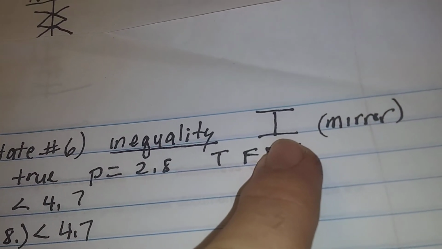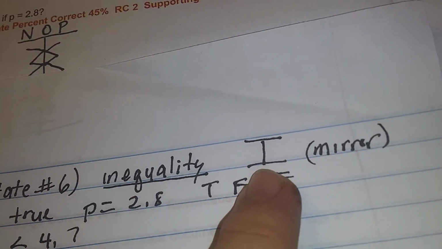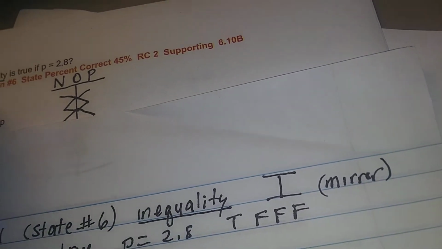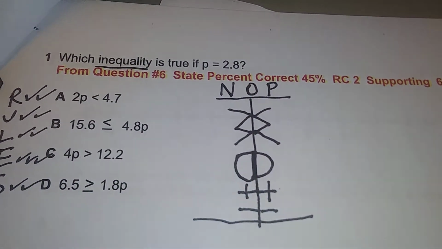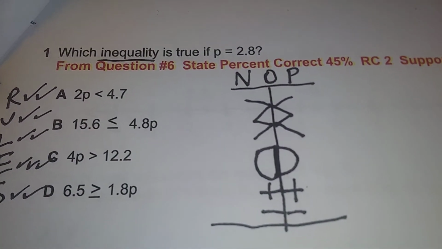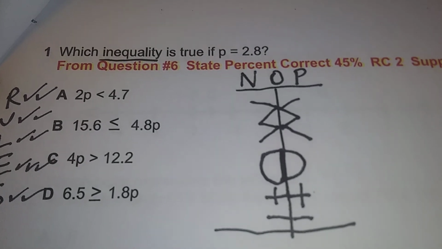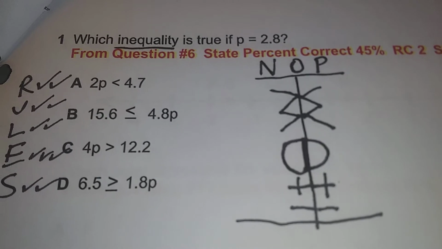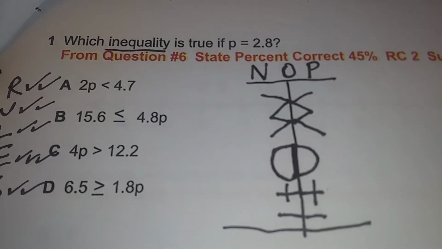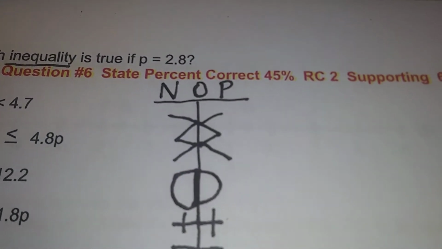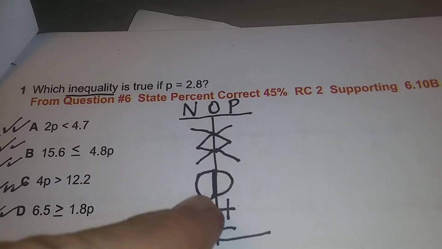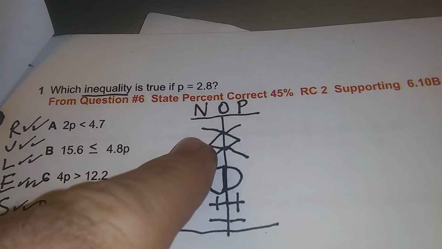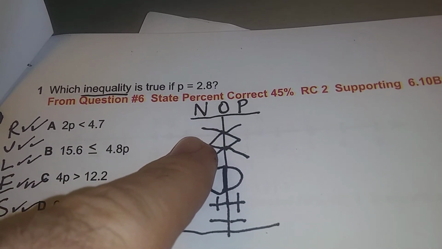And then in the space provided, they're going to draw an I for inequality, and it's going to be like a mirror. And let me show you something about a mirror. If the inequality has any negative numbers in it, which this one doesn't, you have to be careful. Because I want you to notice, if this is a number line instead of a mirror, everything on the right is positive, everything on the left is negative.